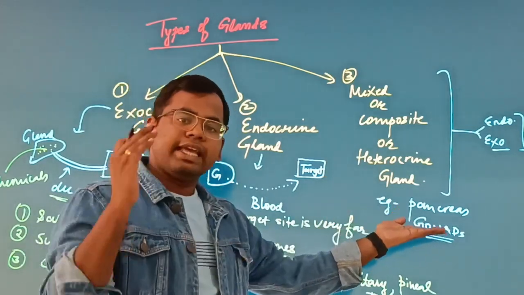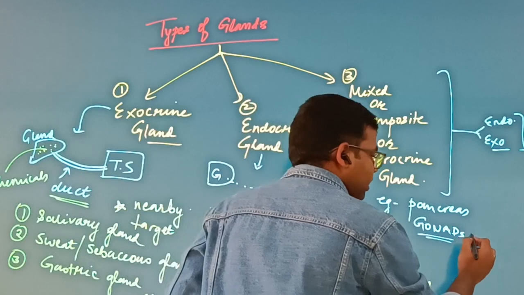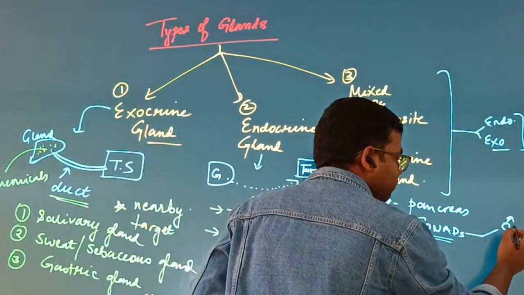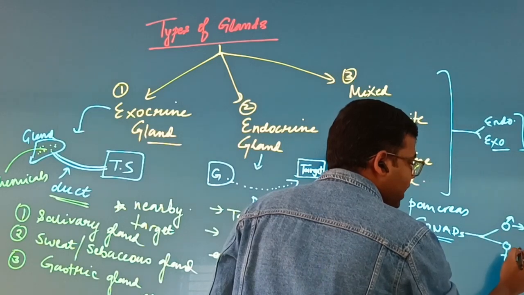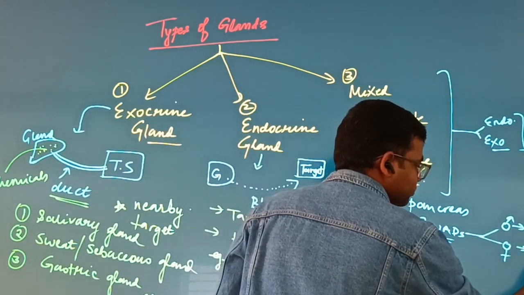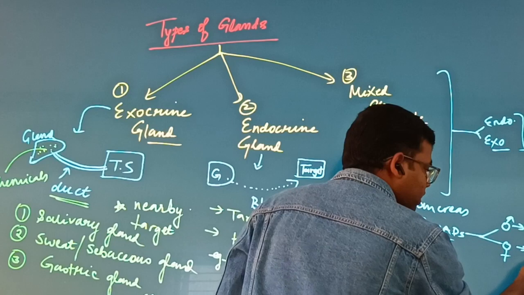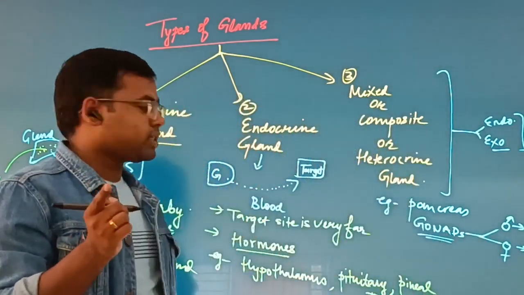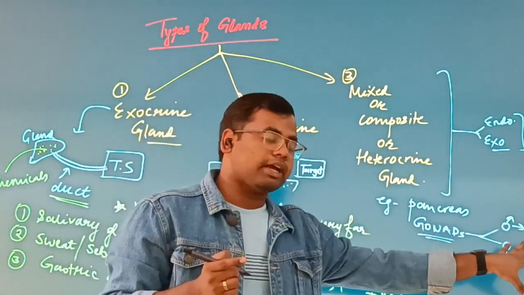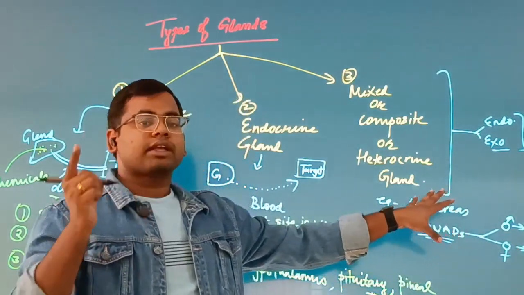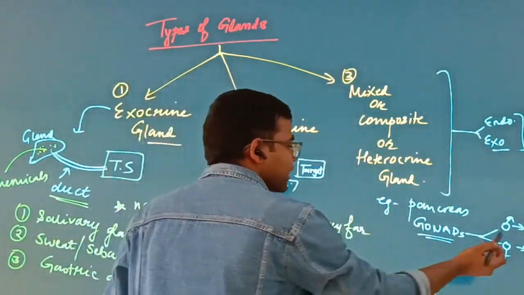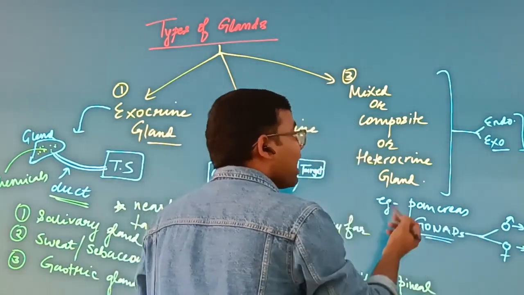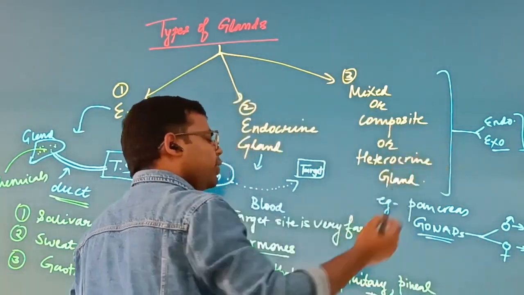So remember, the gonad in a male is the testes, and in a female the gonad will be the ovaries. These are the organs where gametogenesis, the gamete formation, will take place, and also the sex hormones. Okay, I guess this is clear to everyone, no? So gonads, testes, ovaries, and even pancreas act as a mixed, composite or heterocrine gland.